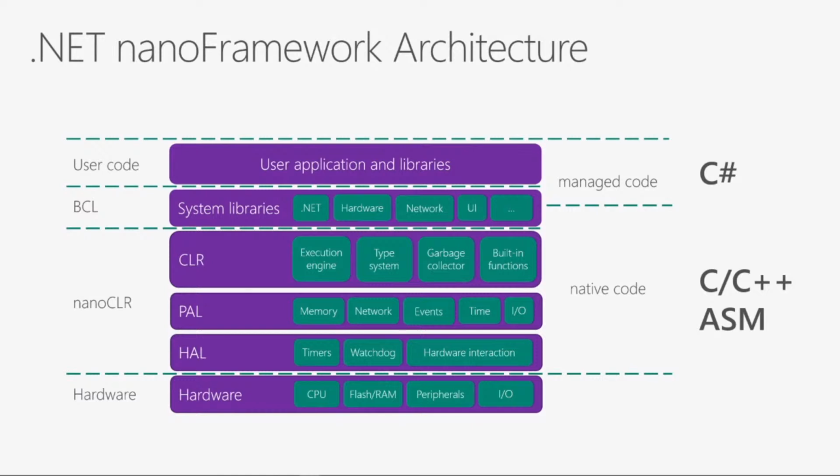Then, keep going to the lower part, to the hardware. We have then the CLR, which includes all the basic stuff that you also find on the full .NET, the big brother. It has the execution engine, the garbage collector, all the type system, and the built-in functions to make sure that everything runs smoothly there.